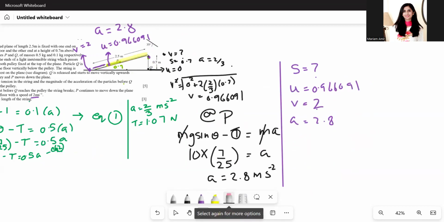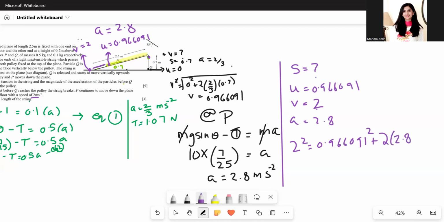So we're going to use 2 squared equals U squared plus 2AS.